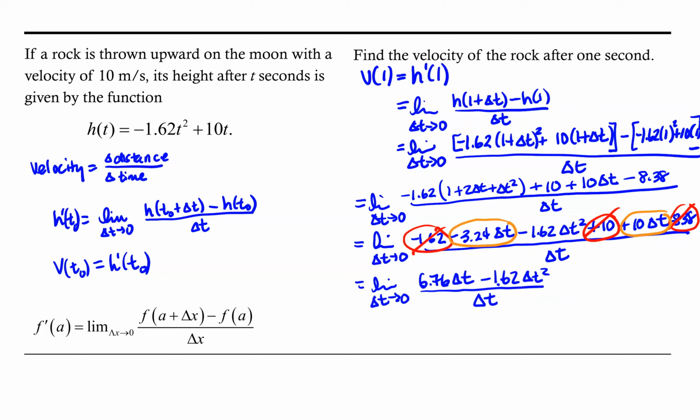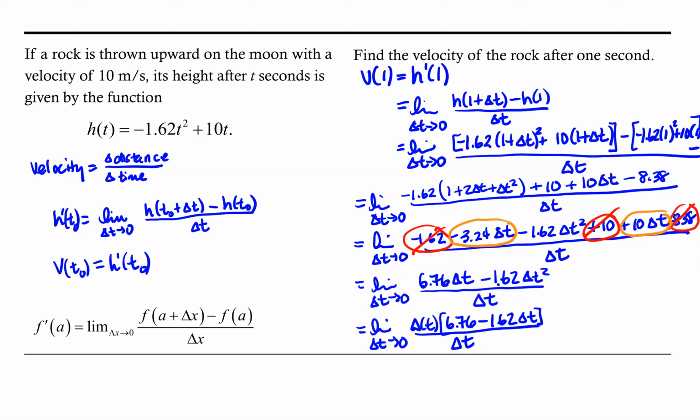Now we can factor out a delta t in our numerator. So we have the limit as delta t goes to 0 of delta t times 6.76 minus 1.62 delta t all over delta t.